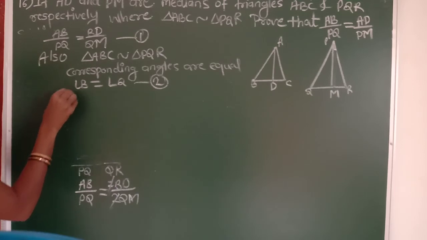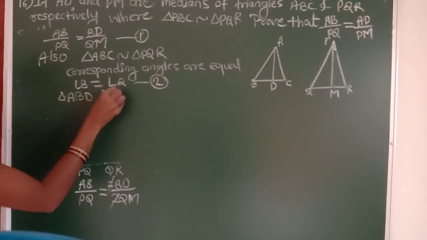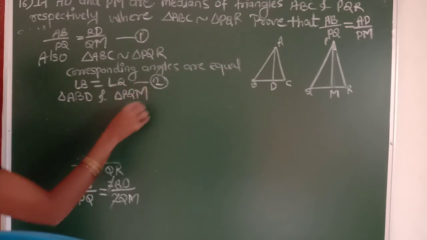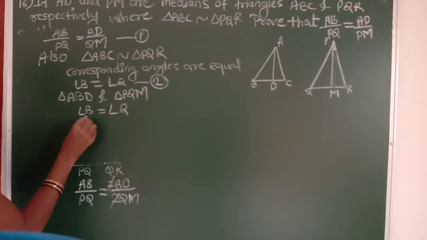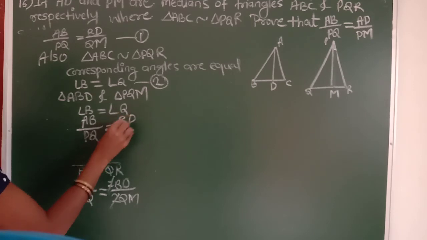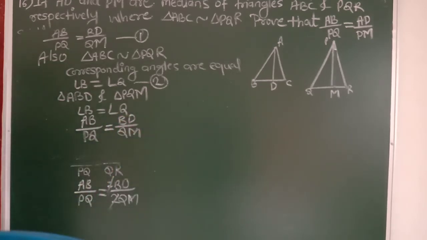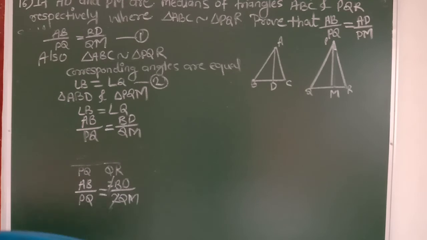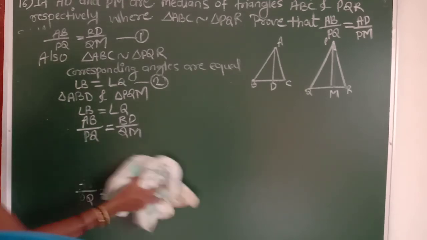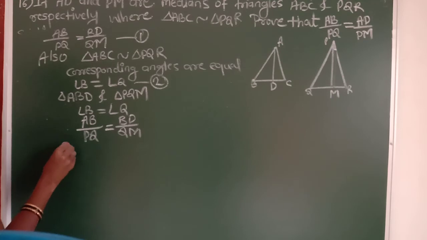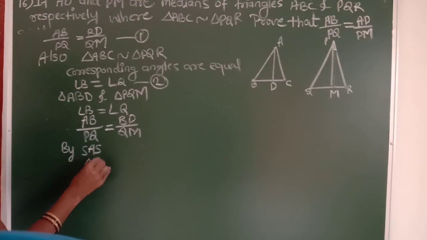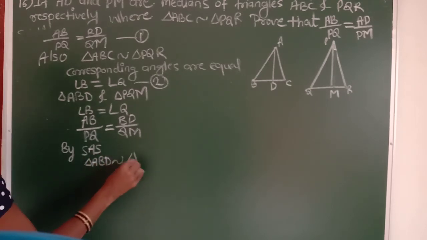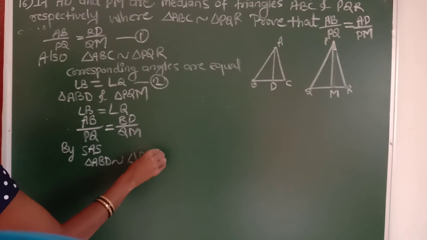Now in triangle ABD and triangle PQM, here angle B is equal to angle Q, and also we know that AB by PQ is equal to BD by QM. By SAS similarity, triangle ABD is similar to triangle PQM.